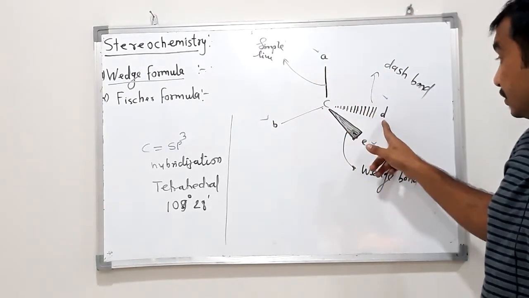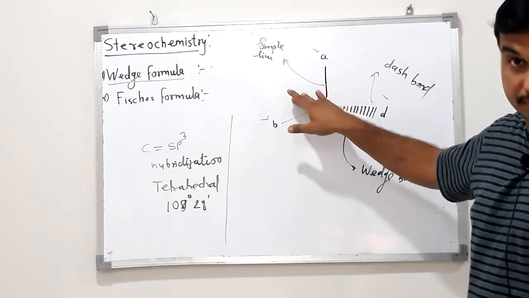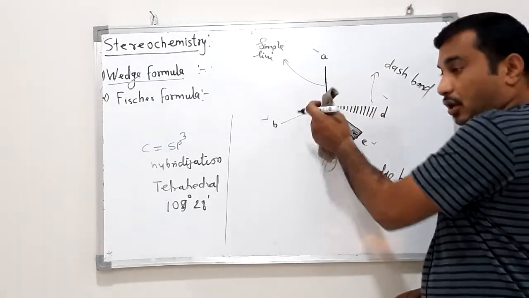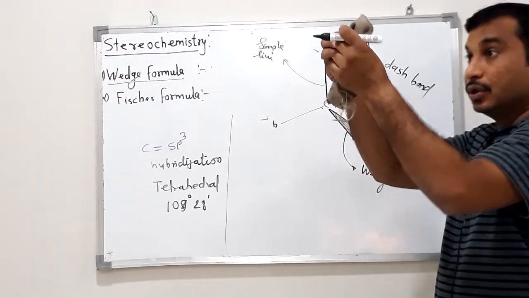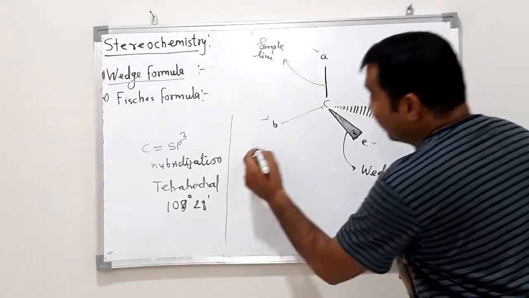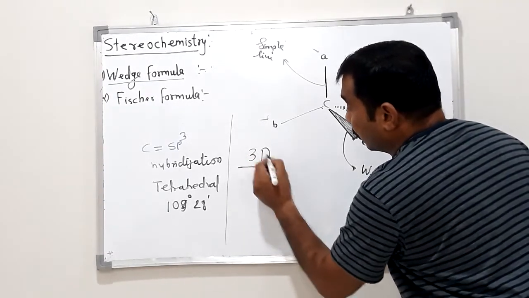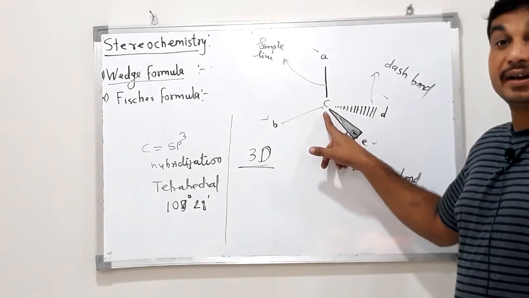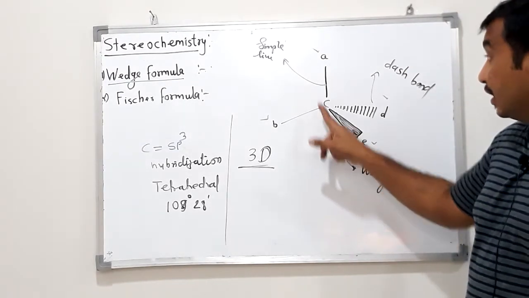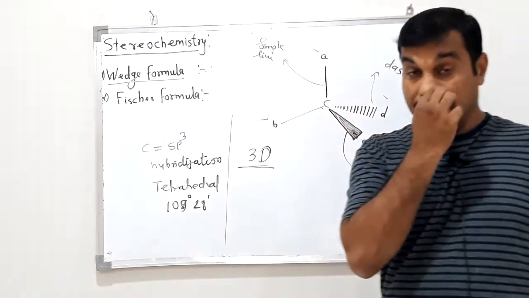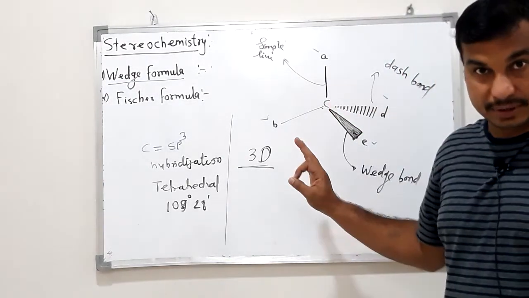D is present on the back side of this plane. Here E is coming toward you and D is moving away from you. That is the meaning. So this is the 3-dimensional representation of an organic compound of carbon having tetrahedral geometry.